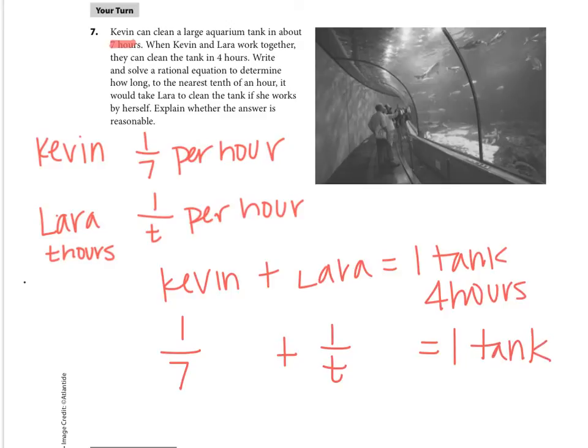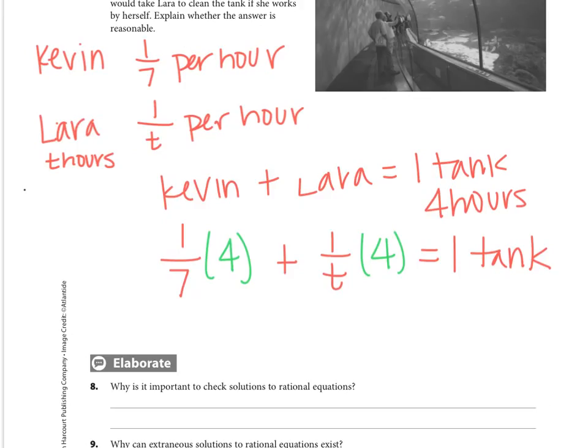But it's not just 1/7 plus 1 over T, it's 1/7 times 4, because we know that it takes them 4 hours together. So on the left side, for Kevin, this tells us how much of the tank Kevin's going to clean, while simultaneously Laura is also cleaning part of the tank. So here's my equation that I'm actually going to be able to work out.